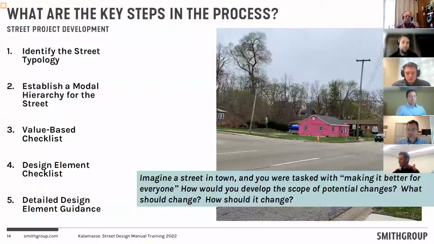But they also help you gather the data and think through the things that help you figure out how to design it, what are going to be your priorities, what are the different facts or existing plans that should be influencing how the road gets designed. All that kind of good stuff is contained in that value-based checklist.